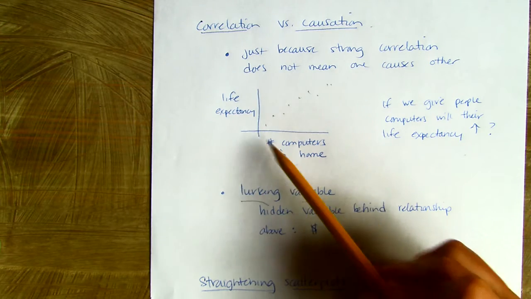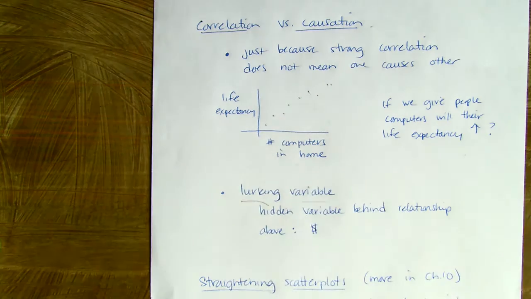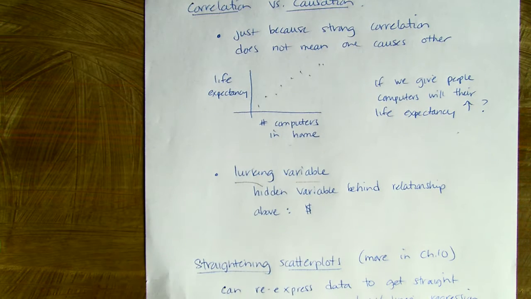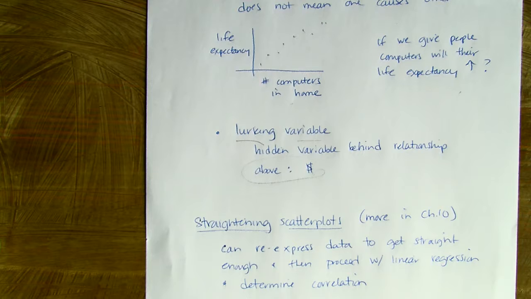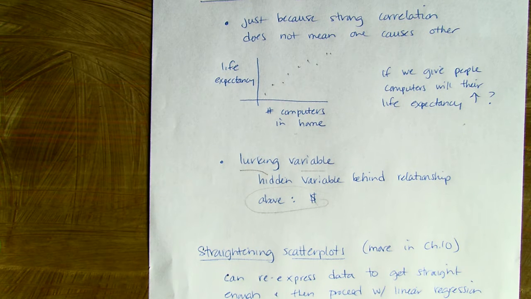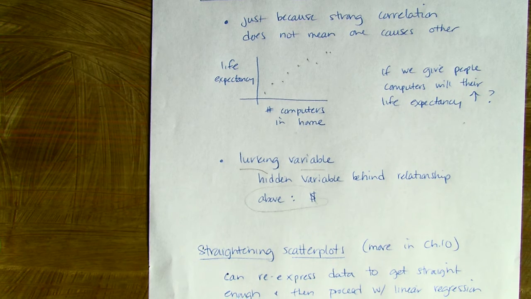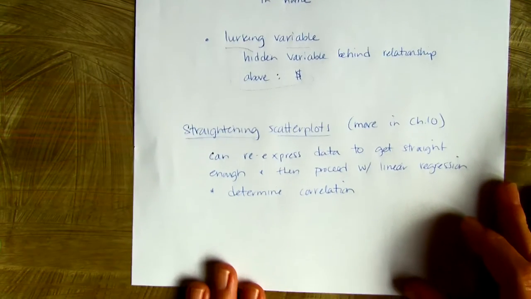Why would life expectancy and the number of computers in the home have a high correlation? Well, it's probably more likely to do with your income, and that's called a lurking variable. Something like air conditioner sales and ice cream sales. Does that mean a location that had more air conditioners would have more ice cream sales? No, those are both related to temperature.